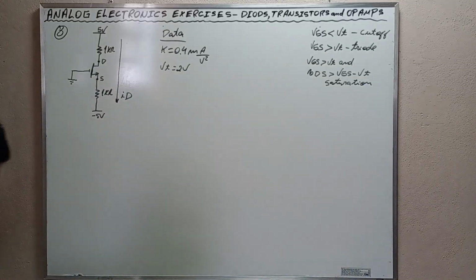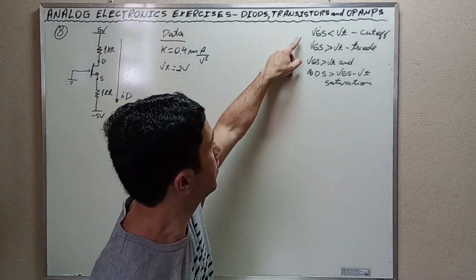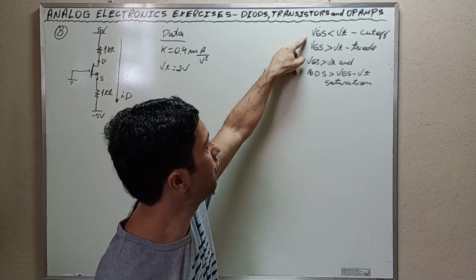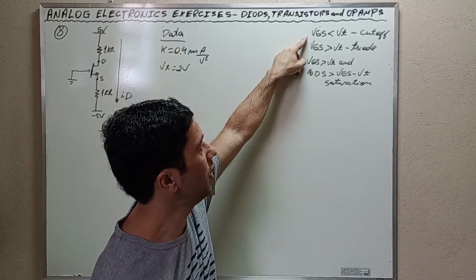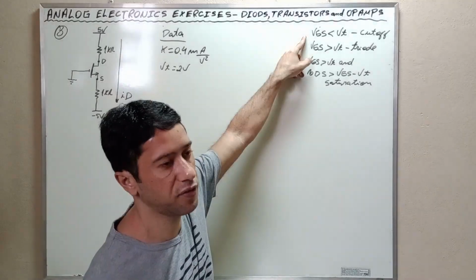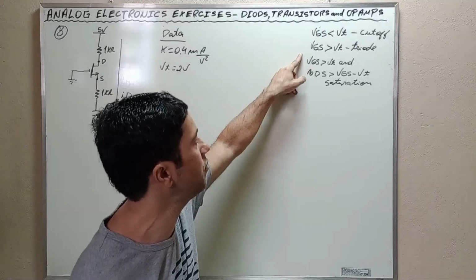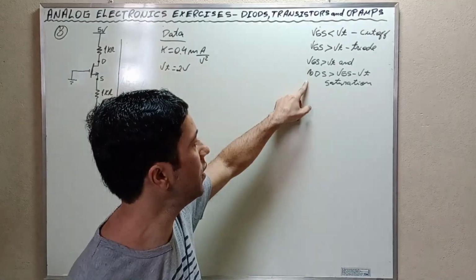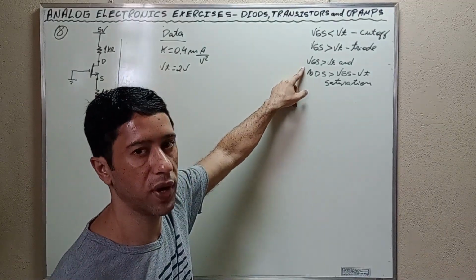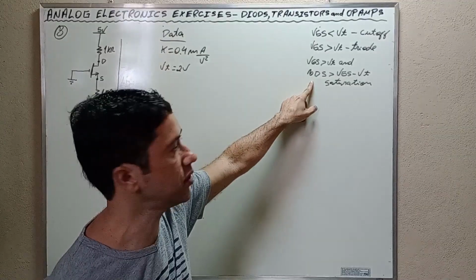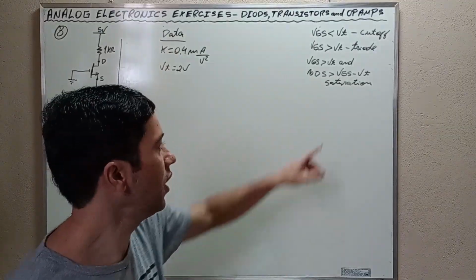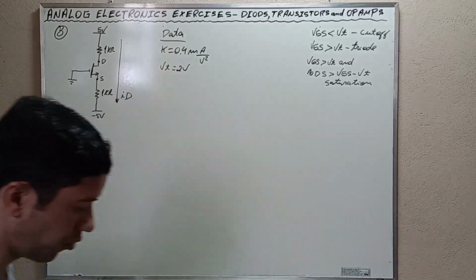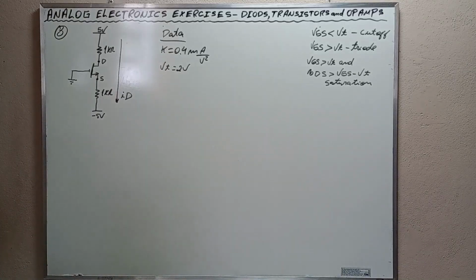This is the MOSFET, and these are the modes of operation. VGS less than VT, it is in cutoff, nothing happens. VGS greater than VT, it is in the triode region. And in addition, if VDS is greater than VGS minus VT, the device is operating in saturation. Okay, my friends, this is how we understand the MOSFET.